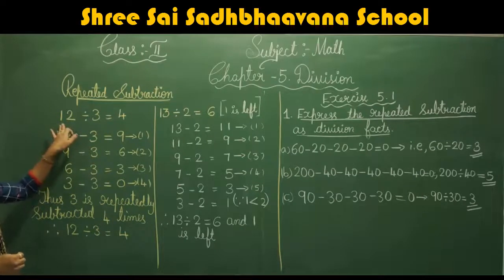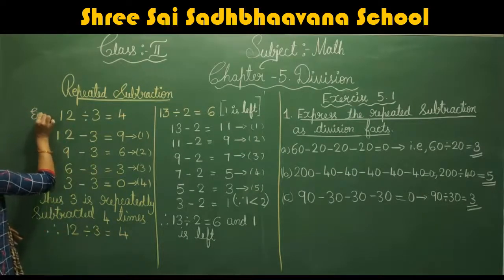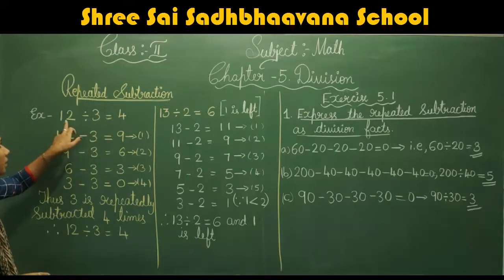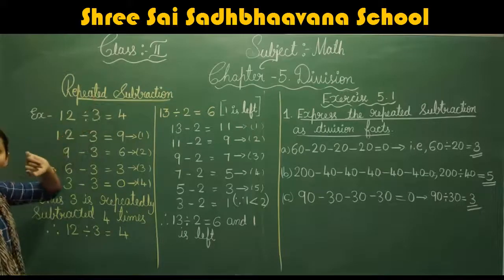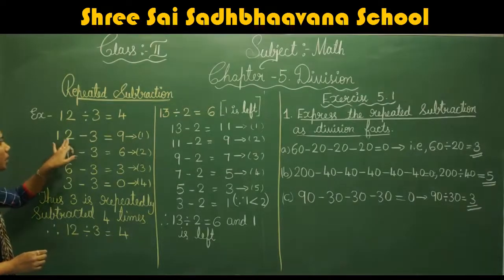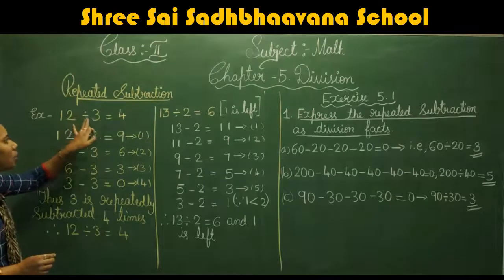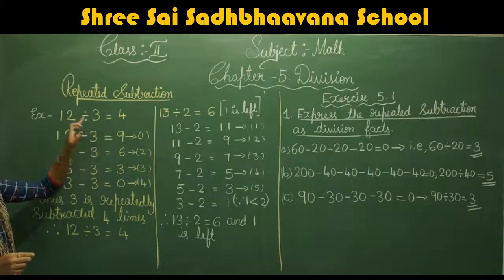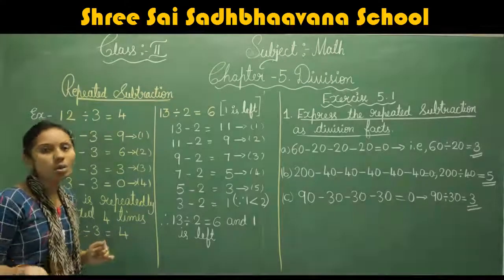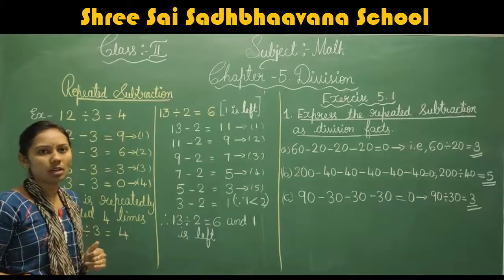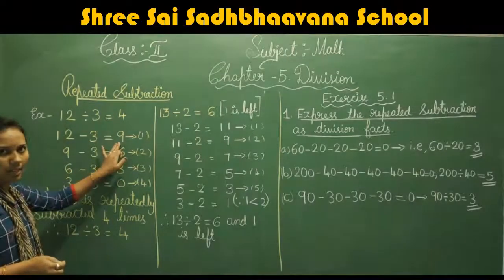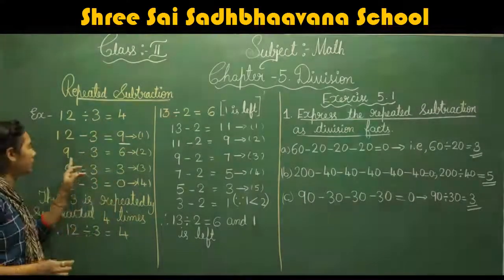Let us see how. Here is one example for you: 12 divided by 3. You are going to divide 12 by 3 using the repeated subtraction method. From this 12, you are going to subtract the same number 3 repeatedly, till you get the answer 0 or less than the number being subtracted. See, 12 minus 3, 9.